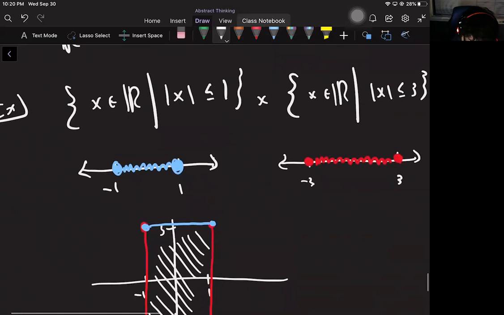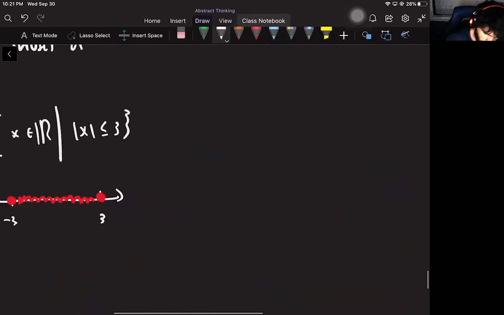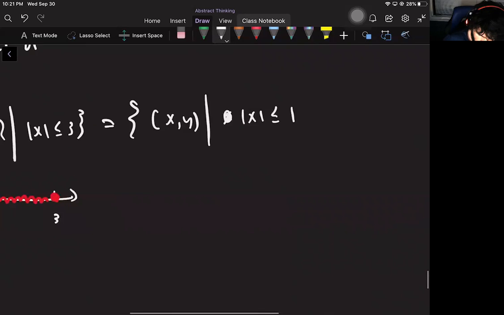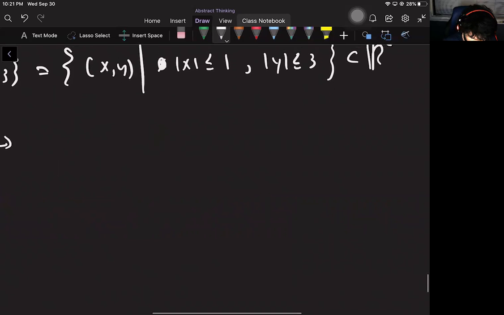Then you'll get like the outside of the rectangle instead. So then just to finish it off, this is the set of coordinates where the first coordinate is stuck between -1 and 1. The second coordinate is stuck between -3 and 3. And it's a subset of R2. Okay.